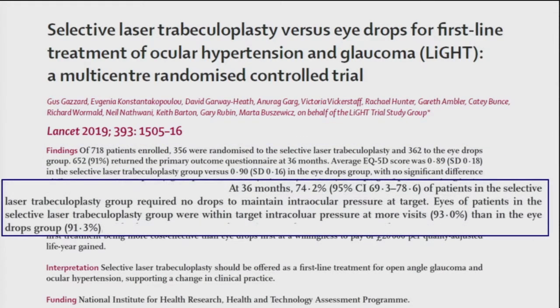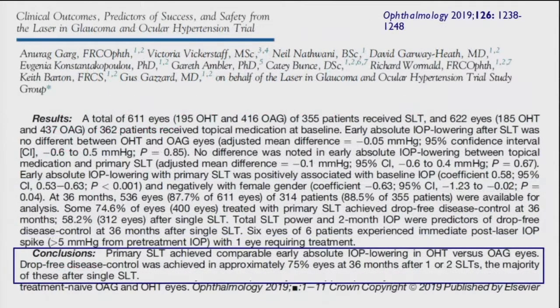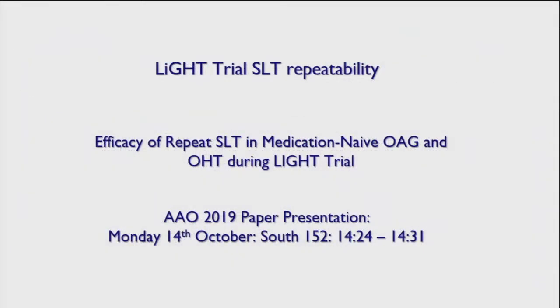The primary outcome was actually quality of life, and there was no difference. One could say that it's because we really don't have good quality of life tools in glaucoma that measure surgical or medication quality of life, but there was no quality of life difference. But it's worth pointing out that at 36 months, 75% of patients were medication-free after SLT.